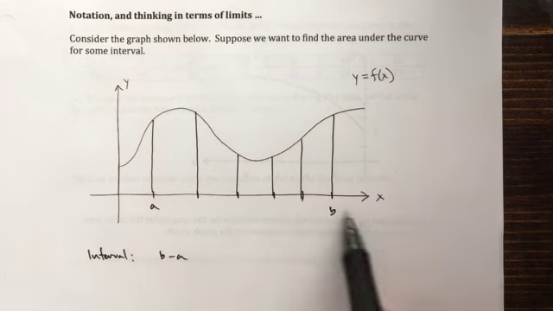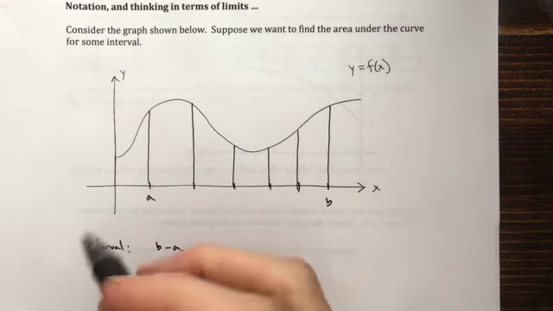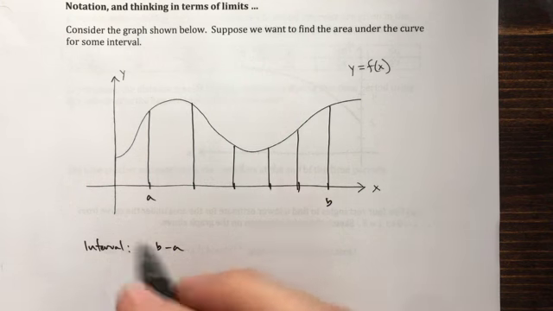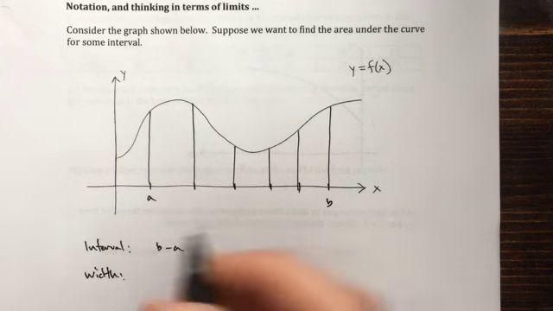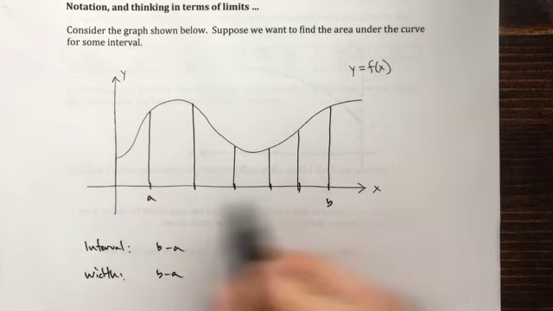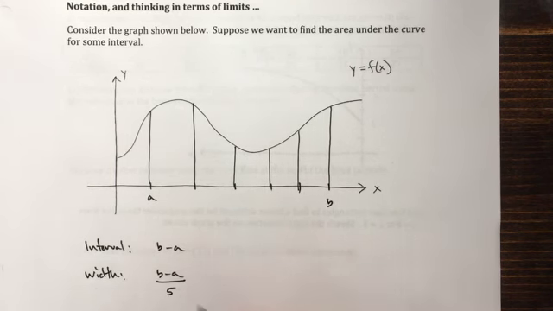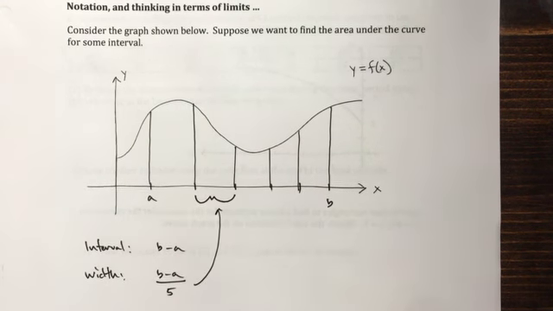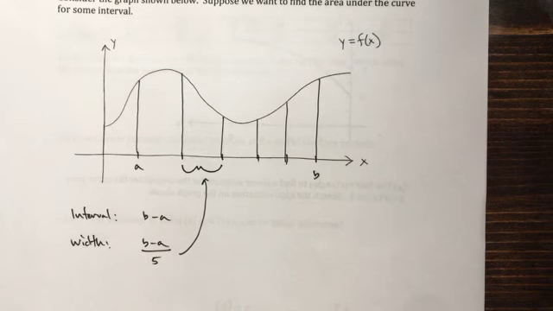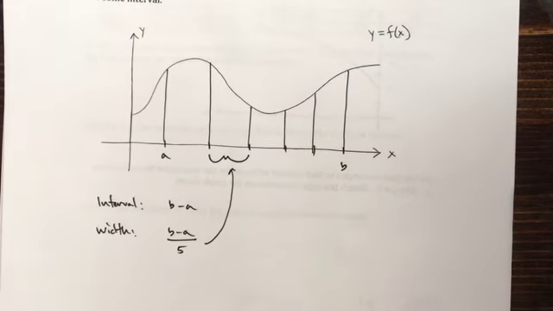So the width of each one of these rectangles, if I had cut it up perfectly, which I didn't, would be the whole interval, which is B minus A, divided by 5, right? That would be this width right here. So when I cut it up into 5 rectangles, I should get basically a width of B minus A over 5.